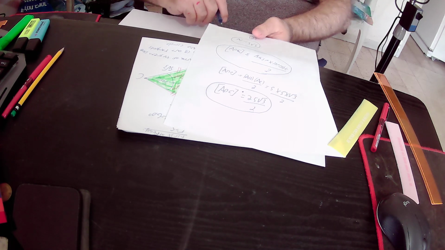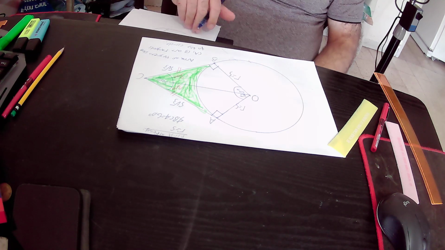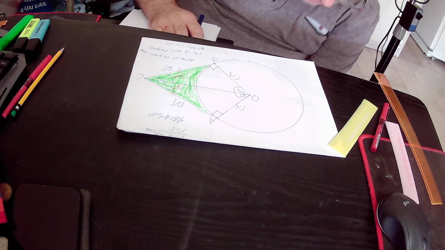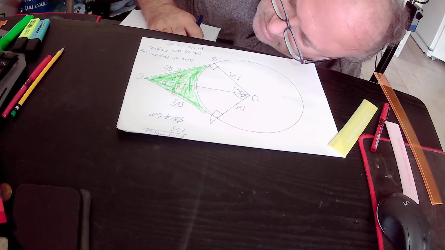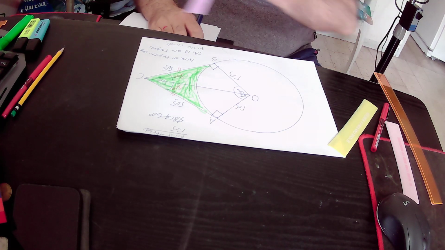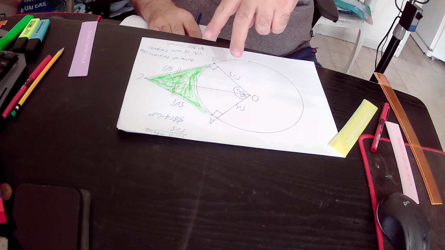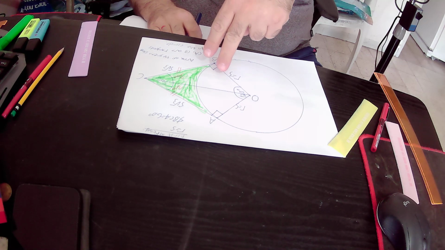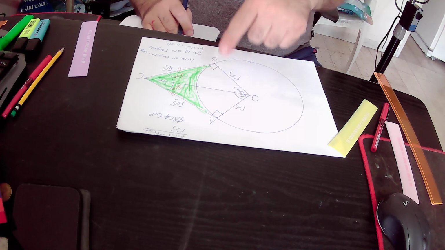And we also know that because of the fact that triangle AOC is congruent to triangle BOC, the areas of those two triangles are equal to each other.